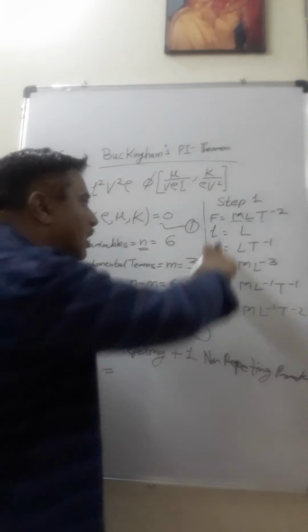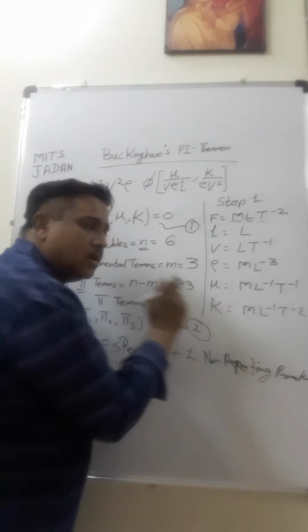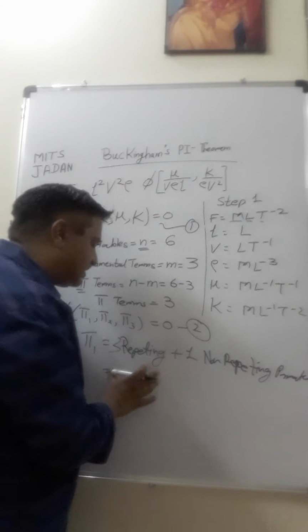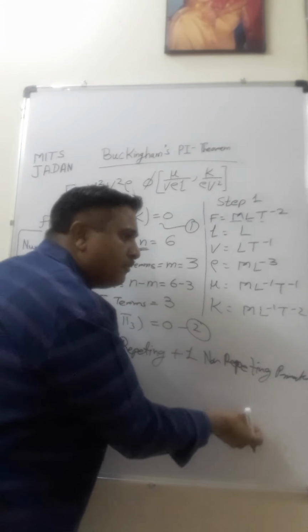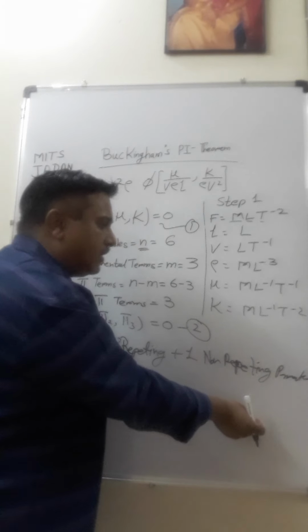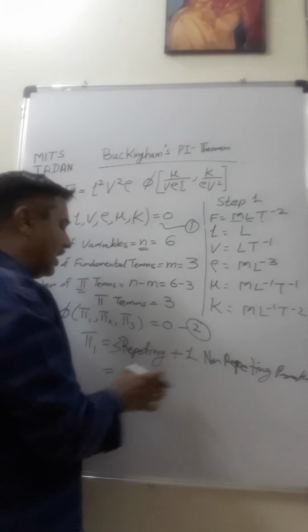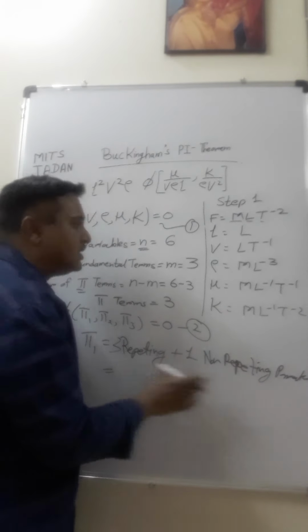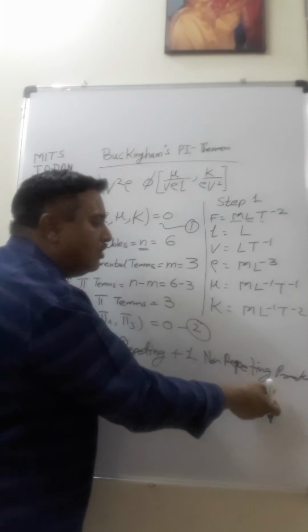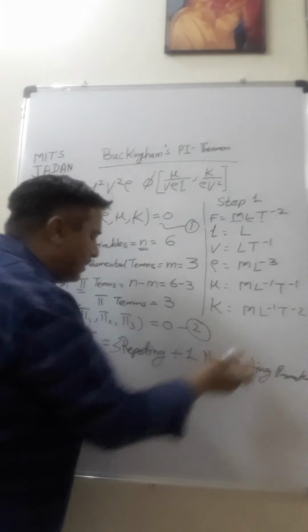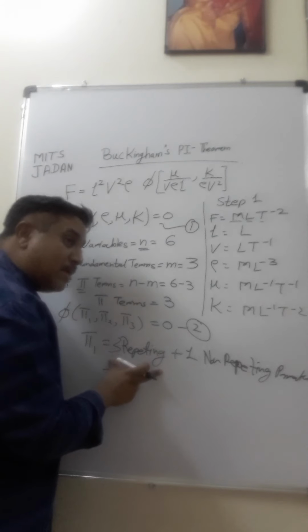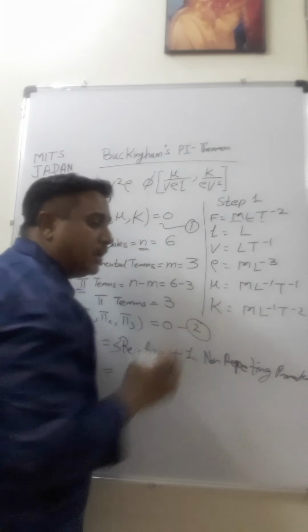Now out of these 6, you can select any 3 as repeating parameters and 1 non-repeating parameter for pi 1. Then for pi 2 we will have the same 3 repeating parameters and the remaining non-repeating parameter. Then for pi 3 again we will have the same 3 repeating parameters and a non-repeating parameter.